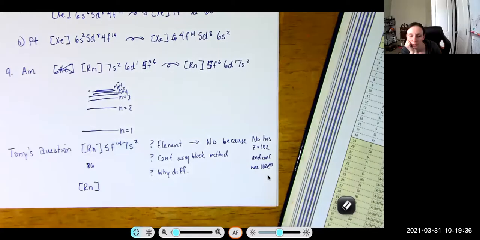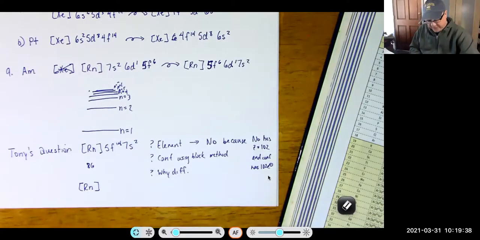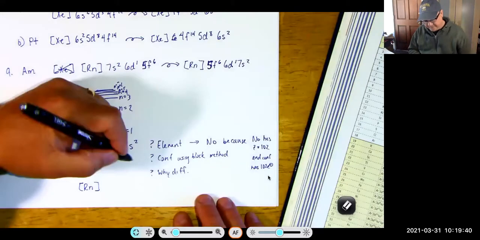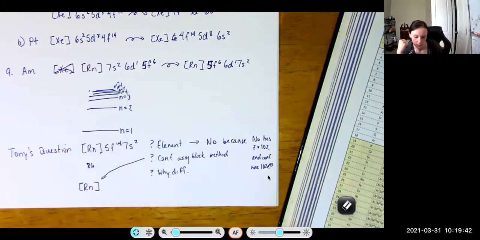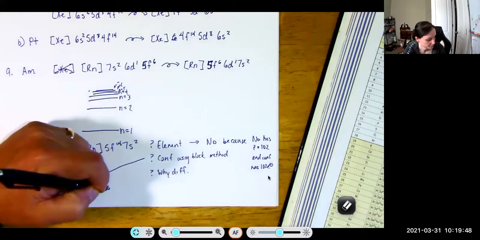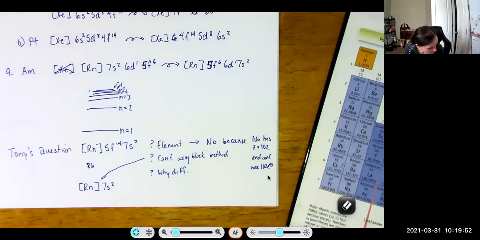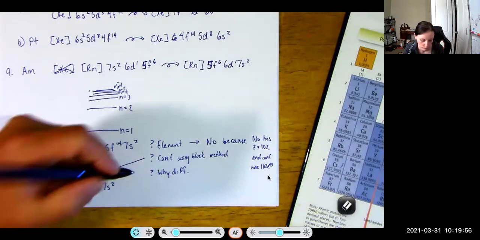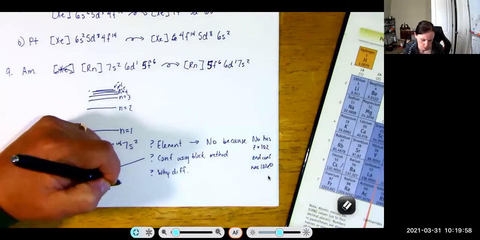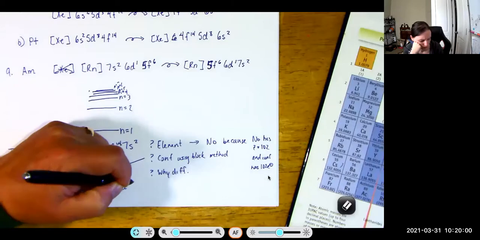Okay, so what should you get for nobelium, with noble gas, using the block method? The 7s2, 6d1, 5f13, I think.